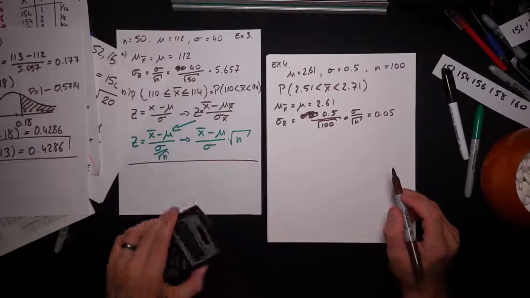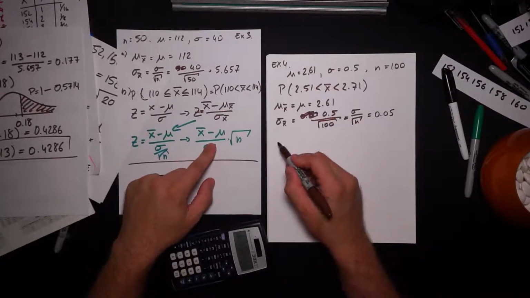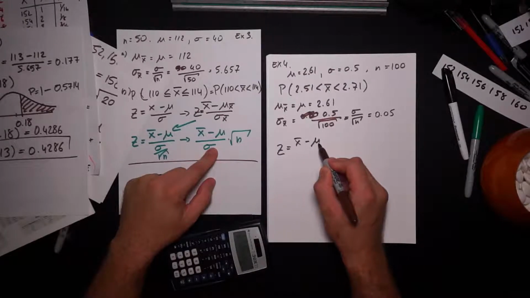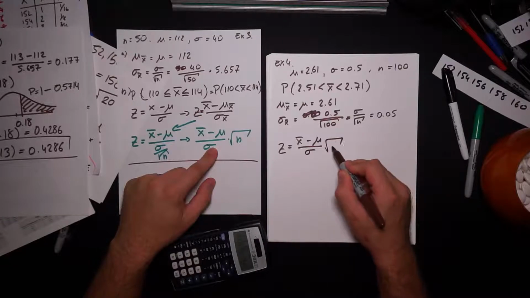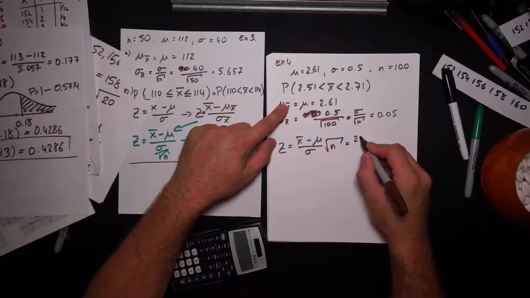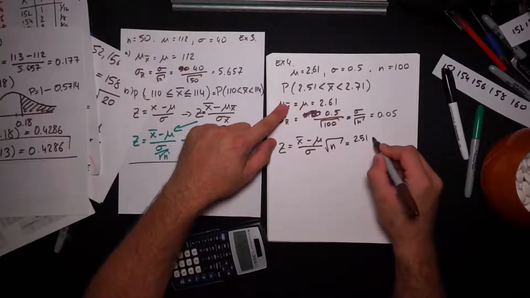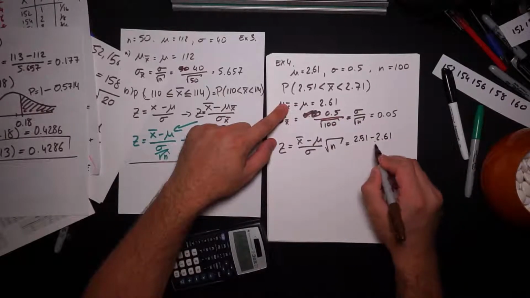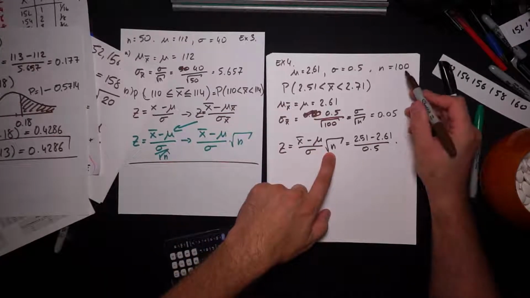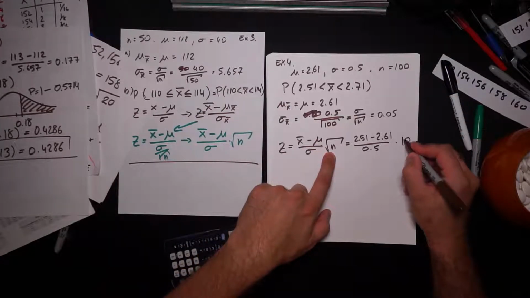You could do this route, or you could just do this. And in that case, our first one will be 2.51 minus 2.61 divided by 0.5 times square root of 100, which is just 10.